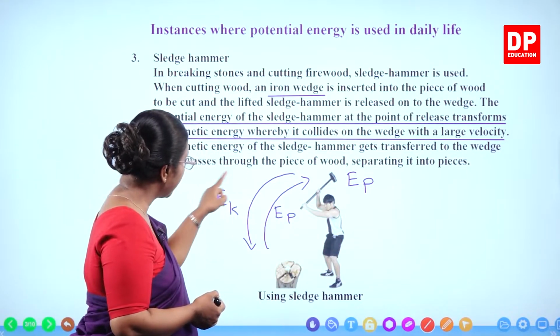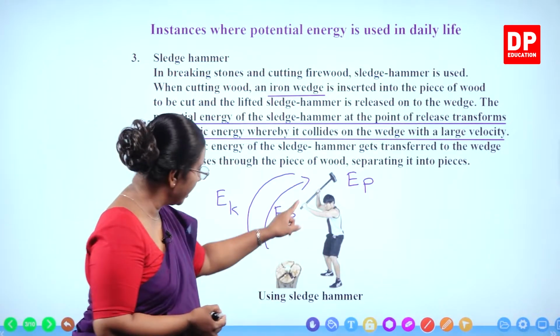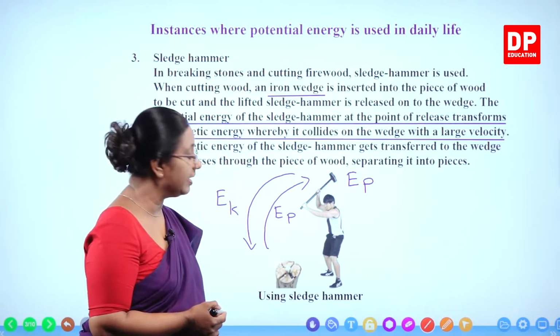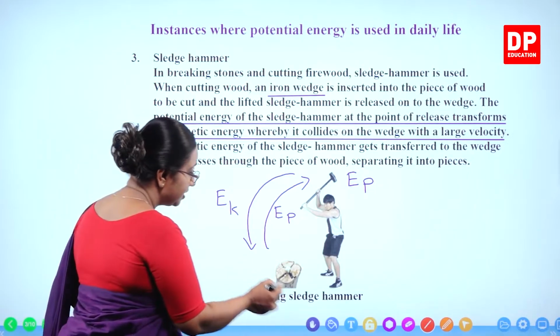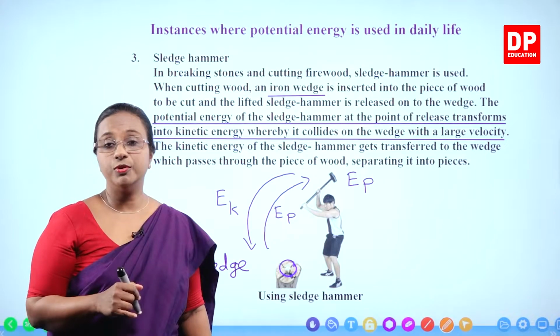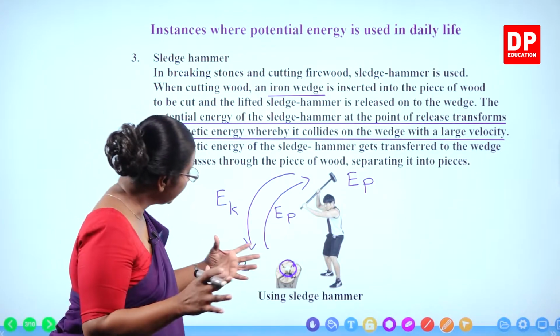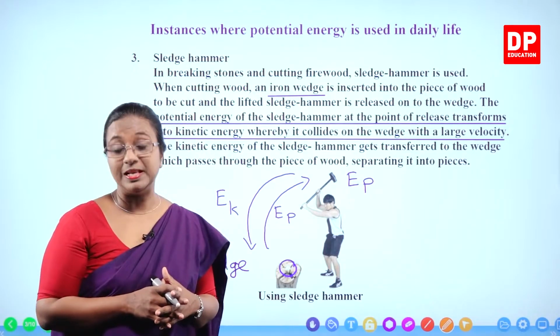And when it comes down, it is transformed into kinetic energy. And that kinetic energy will be given to this wedge. This is the wedge. So the wedge goes into the log of wood with a higher velocity, with high energy. That splits the log into many splints.